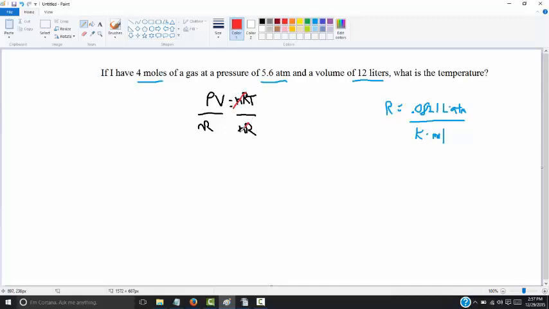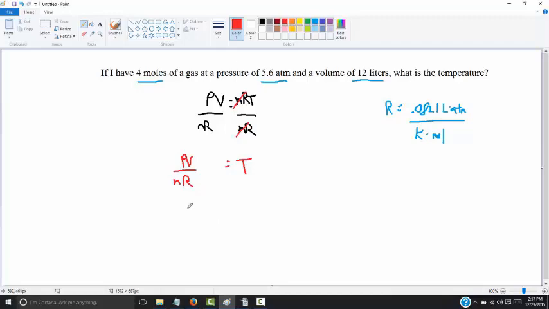So those will cancel each other out on this side. So what you're left with is T by itself, what we're looking for. And now you have PV over nR. And now it's a matter of plugging in the values and the units and seeing what you have left.